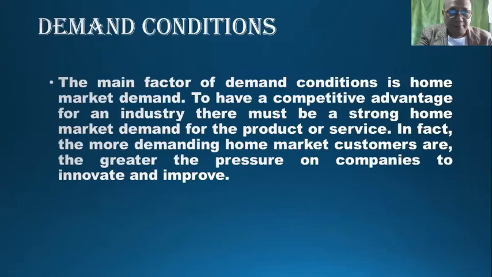Okay. Next to the diamond, we have firm strategy and rivalry, and then followed by related industries. And the third diamond is the demand conditions. As the word suggests, demand, who demands? Actually, the consumers.